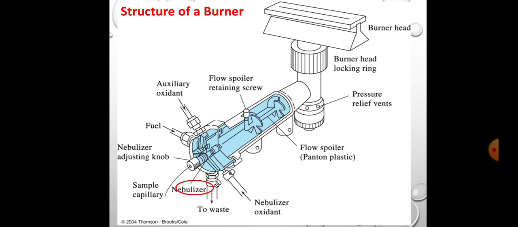These small droplets of the sample with the gases, with the fuel and oxidant gases, will be introduced to the burner head, and then it will burn in the burner head.